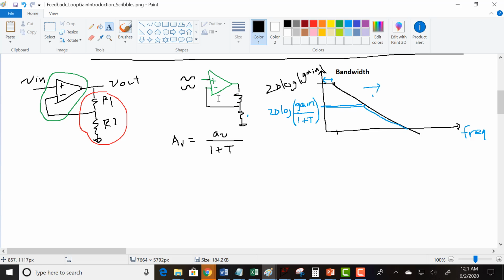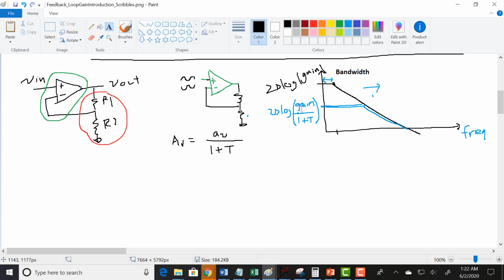But when you hook it up with feedback, this neat thing happens: whatever gain you've set your op-amp to give you with the feedback network that you set up, that goes over until it hits the limitation of the underlying op-amp. And what you'll notice is, because your gain is dropped, this will always be a wider bandwidth.